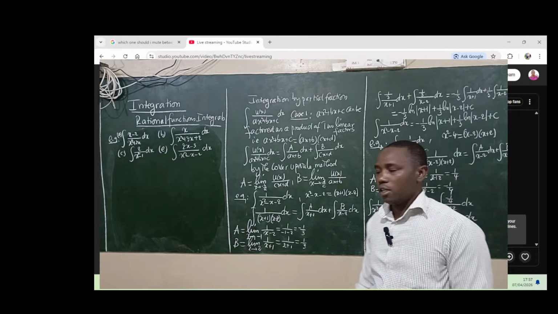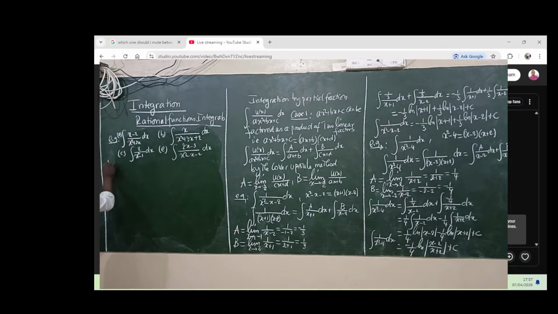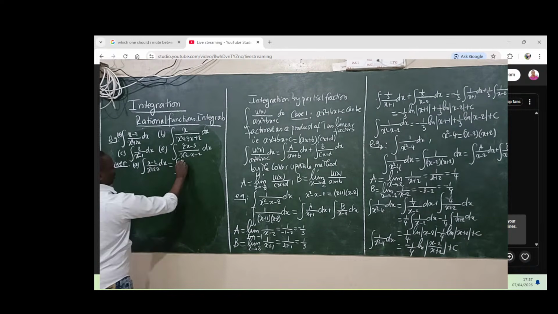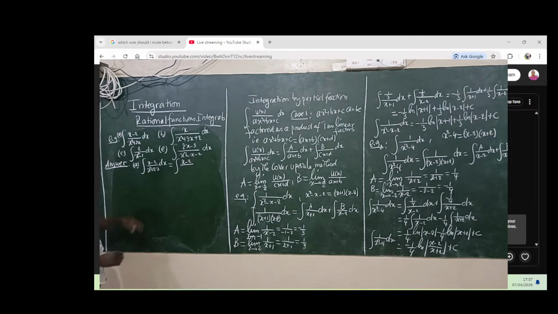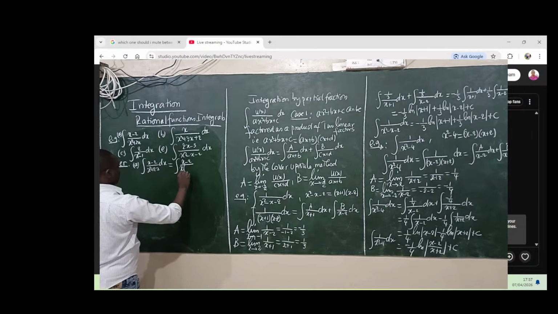Now, let's answer A. The integral of x minus 2 by x squared plus 2x dx. This is the same as the integral of x minus 2 divided by, we are going to factorize by x here because this can be factored, x into x plus 2 dx.